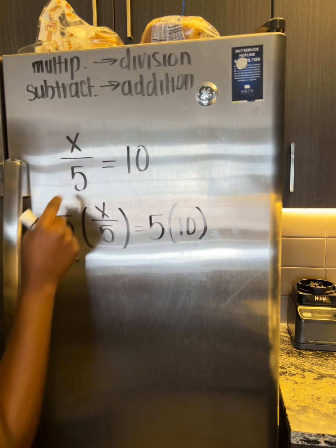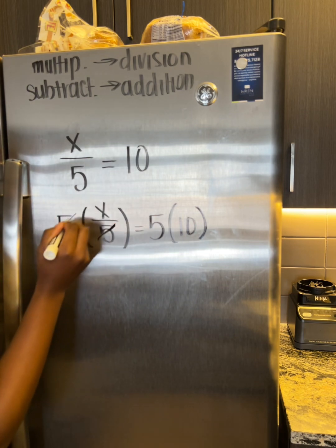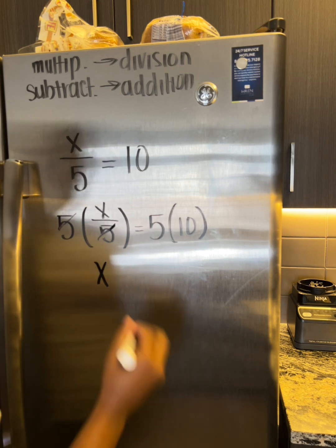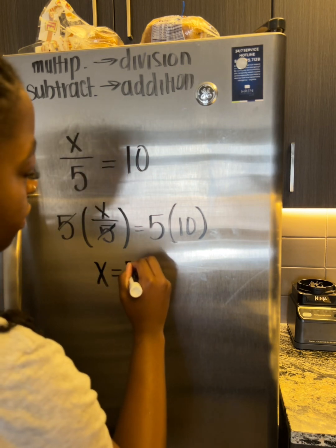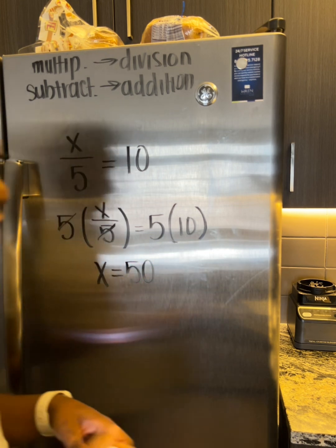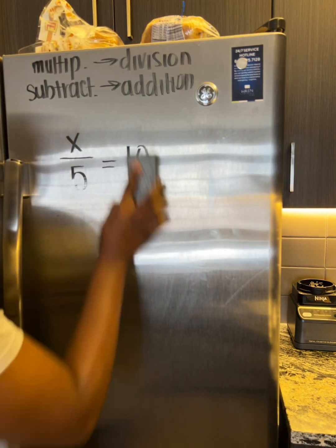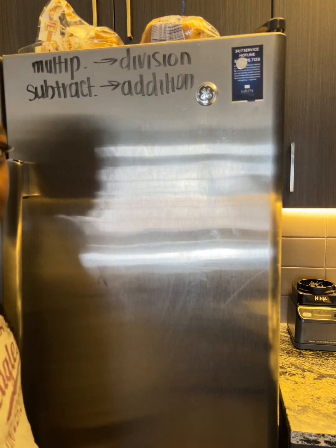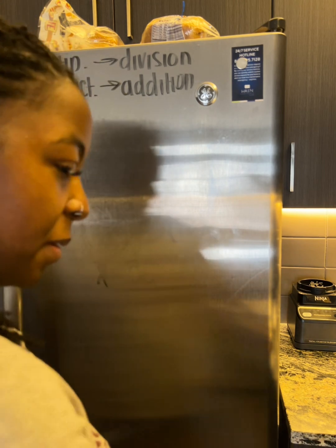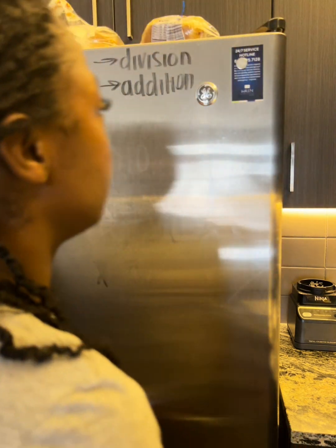So when I multiply both sides by 5, it takes out this denominator. So I'm left with x. X equals 50. Just like that, because 5 times 10 is 50. Wham bam, thank you ma'am. And that is the end of 1-step equations. That's the end. But, all right, let's move on.